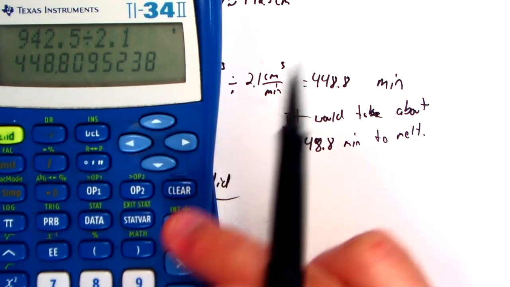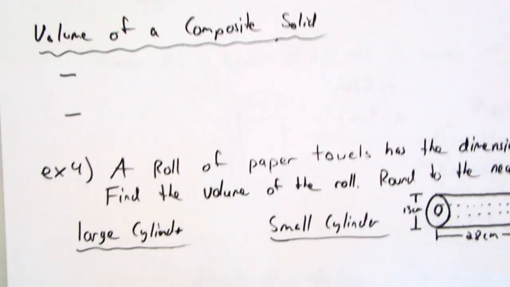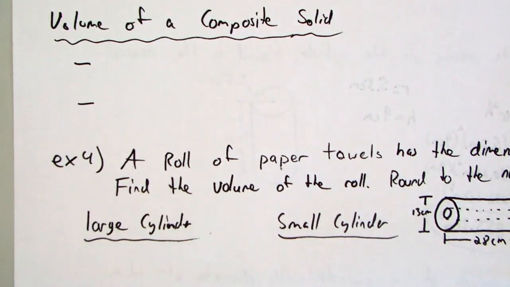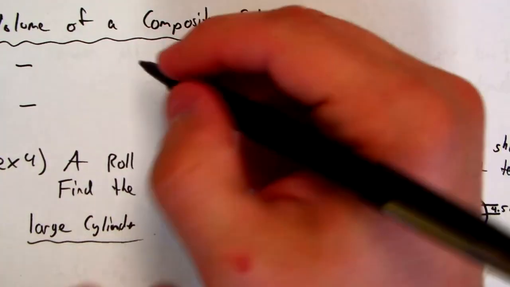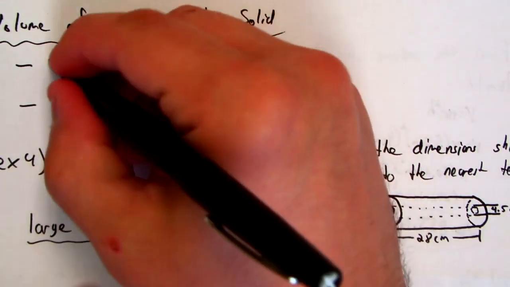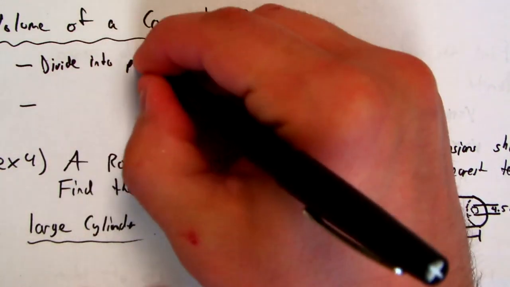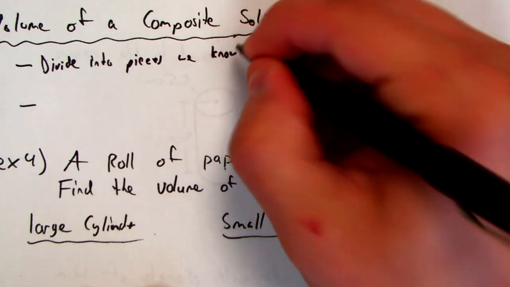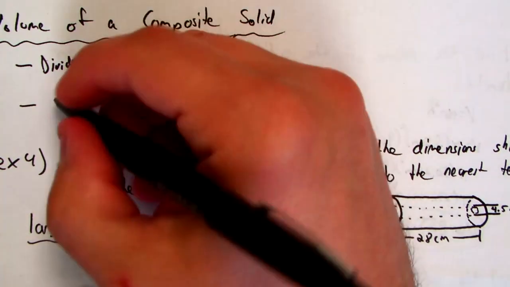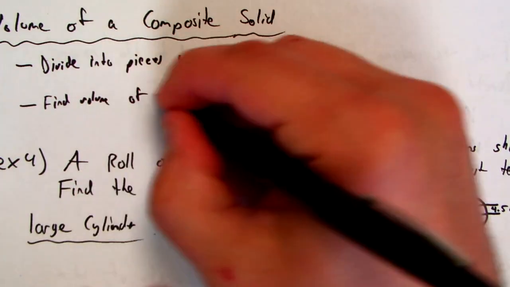All right, last problem here, last example, volume of a composite solid. So when we want to do a volume of a composite solid, the first thing we need to do is divide into pieces we know. Then find the volume of each and add or subtract.